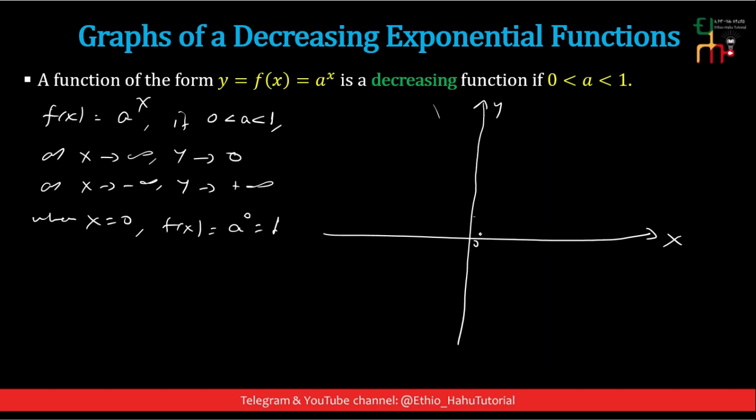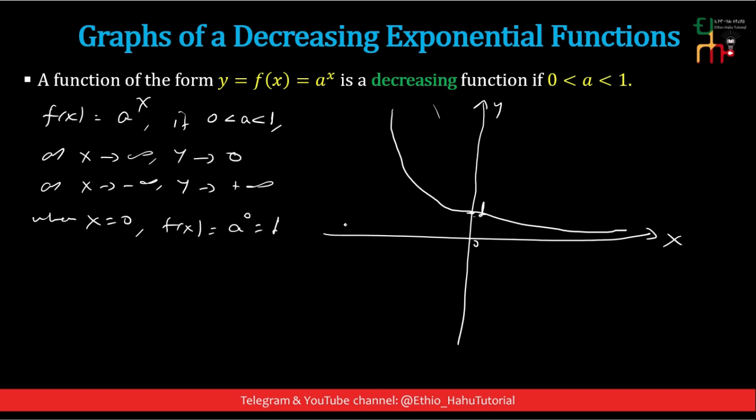When x is equal to 0, f of x is 1. When x approaches positive infinity, y approaches 0. When x approaches negative infinity, y approaches positive infinity. And when x equals 0, f of x or y is equal to 1. This graph is a decreasing graph.